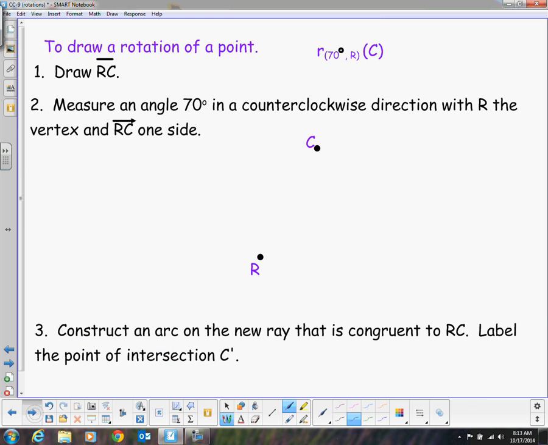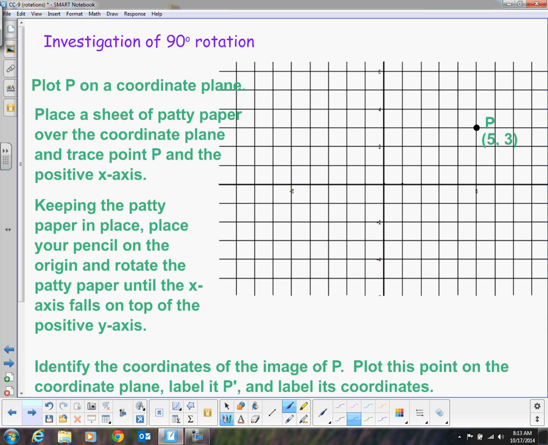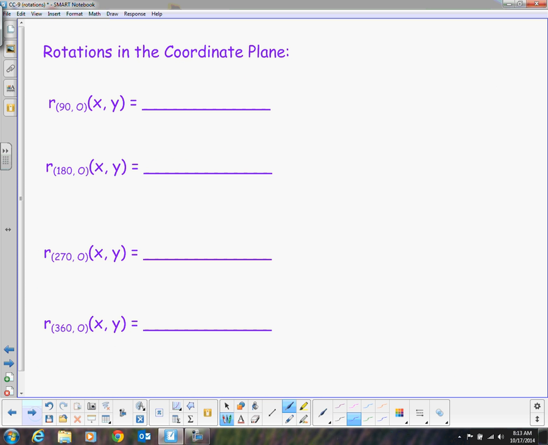You should be on your foldable under rotations. Your homework is A32. Didn't you do A31 last night? Yeah, that was hard.